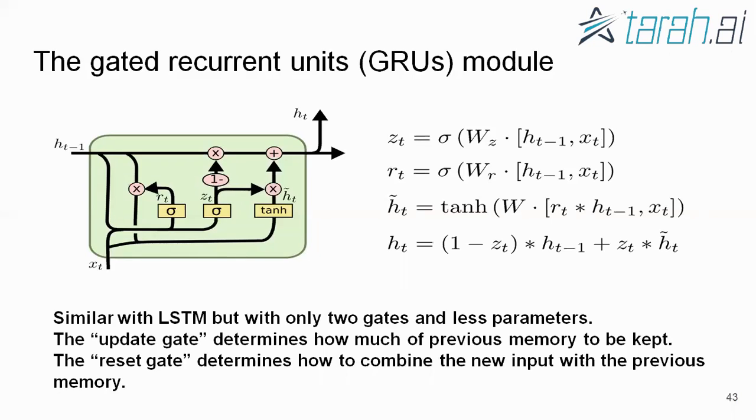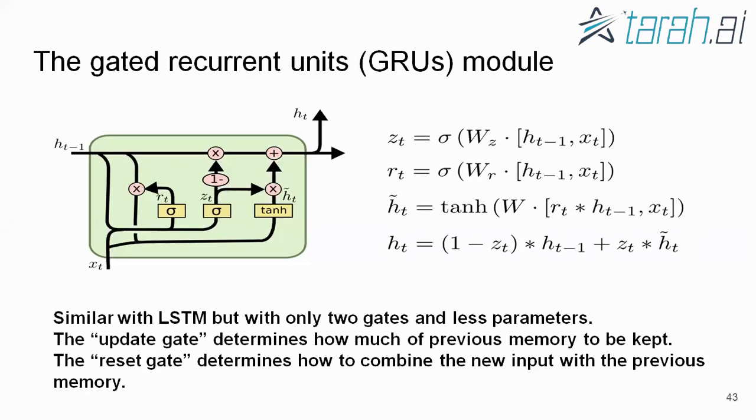The two gates are basically, one is the update gate, which determines how much of previous memory to be kept. Then the reset gate, which basically talks about how much of the current input to be combined with previous memory.